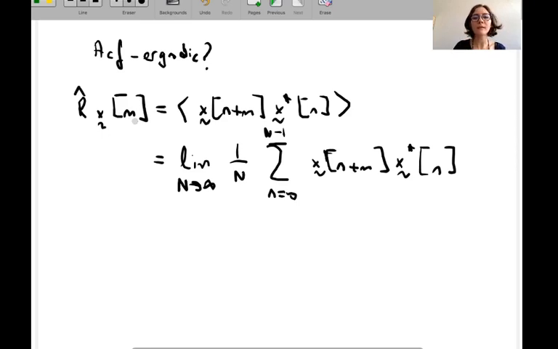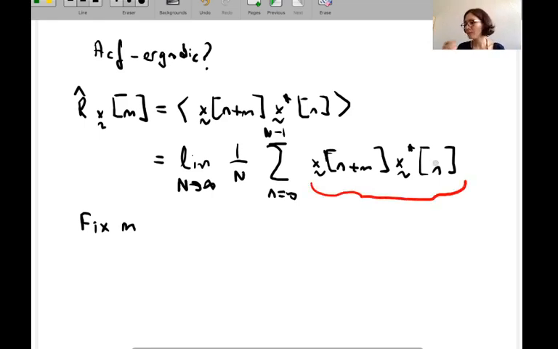If I can show that this holds for any arbitrary m, then I'm done. To show this, we will first fix m. From now on, m is something fixed, for instance m equal to 2.